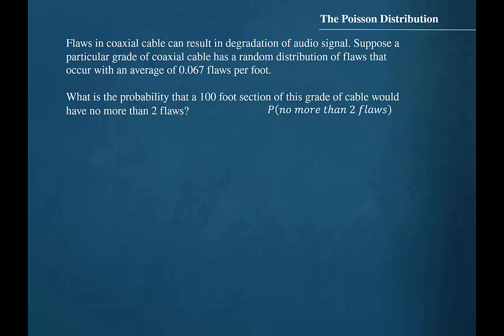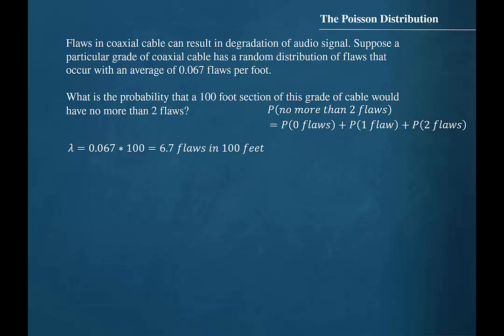flaws? The probability that there would be no more than 2 flaws is the same as the probability that there would be 0 flaws or 1 flaw or 2 flaws. Since these events are mutually exclusive, this probability would be calculated by summing these individual probabilities. Lambda does not change in this case.